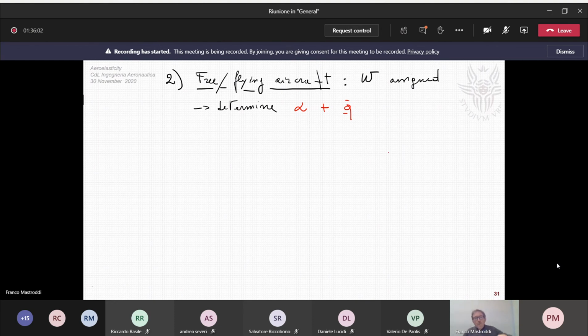Okay, so we want to trim, but this trim is very easy without tail angle, aileron angle.